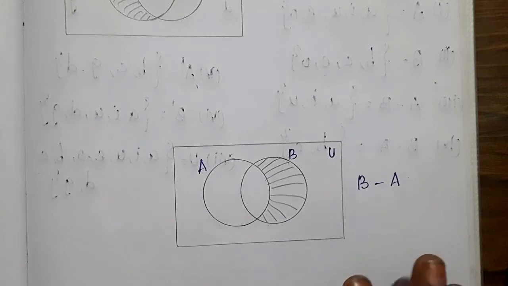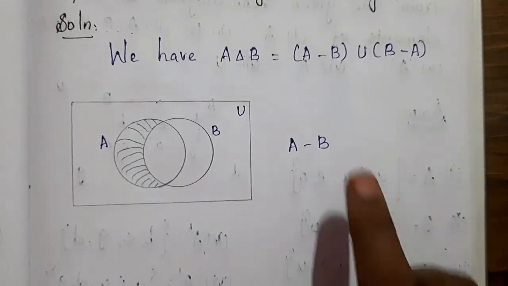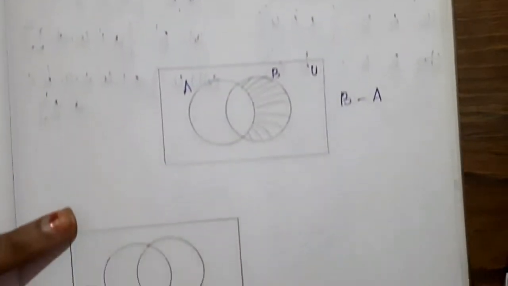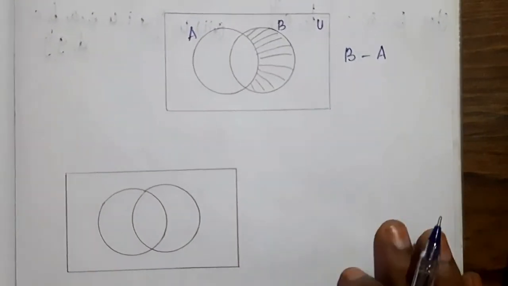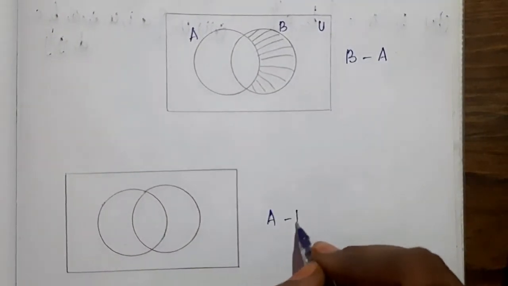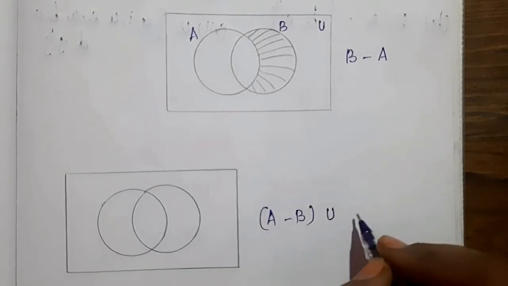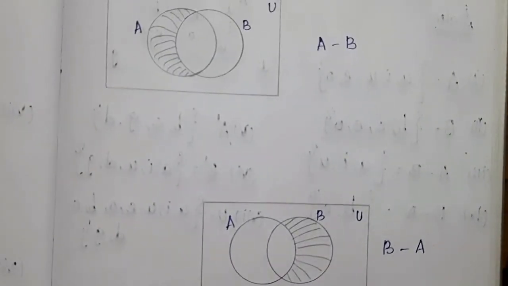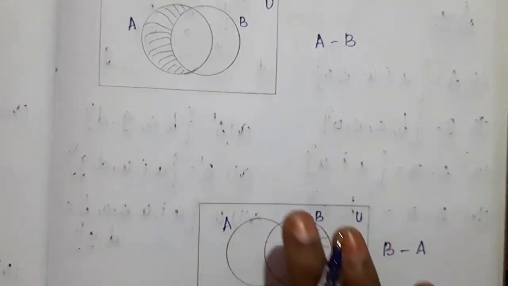So the last one, A minus B union B minus A. You can write here A minus B union B minus A. So it is the union of these two sets. Union, you know the meaning. Union means you have to collect all the elements of these two sets.